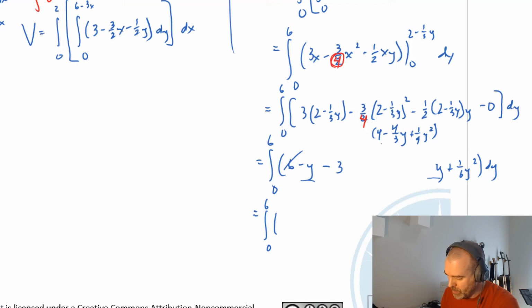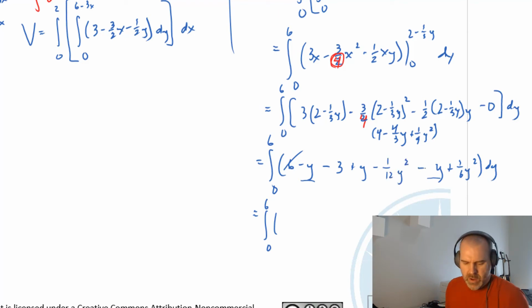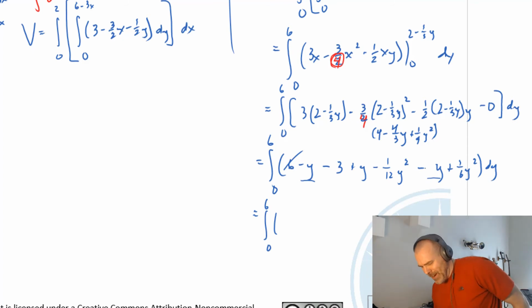Let's see, well, 3/4 times 4/3 should be plus y. And then 3/4 times 1/9, that'll be negative, 3 and 3 will be 6, 2, negative 1/12 y squared. I think that looks better.